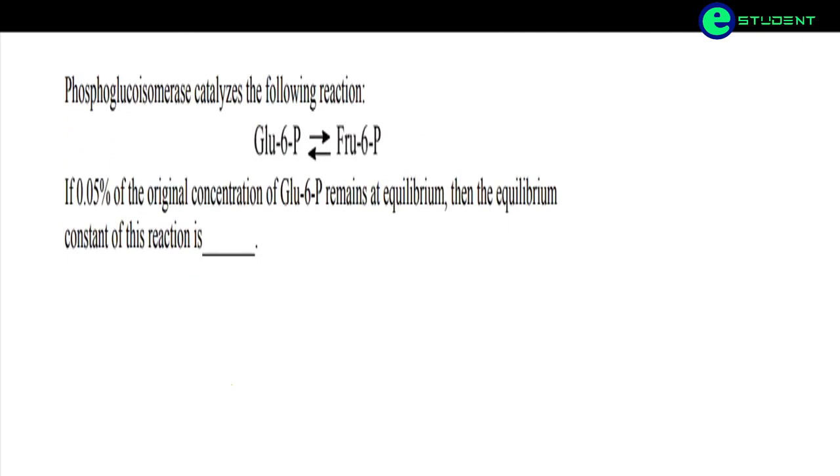Phosphoglucoisomerase catalyzes the following reaction: glucose 6-phosphate to fructose 6-phosphate, and it can also catalyze the reaction fructose 6-phosphate to glucose 6-phosphate.